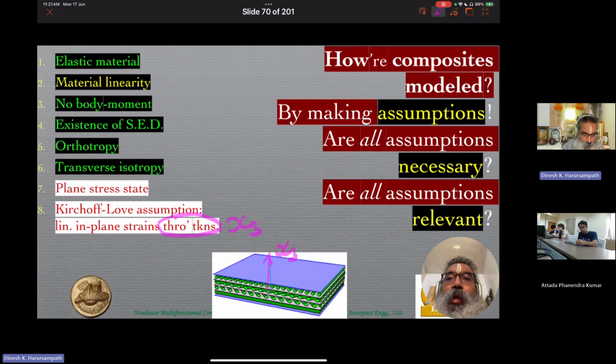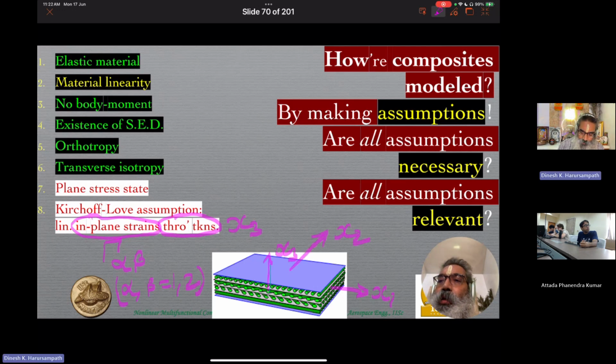And by in-plane strains, recollect that we mean the gamma alpha beta, where alpha and beta take on the values 1 and 2, right? So there are two normal strains along x1 and along x2.